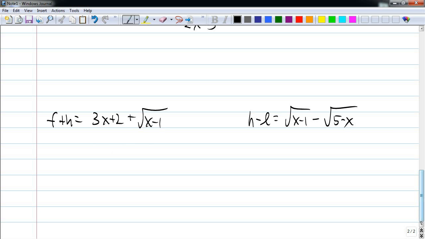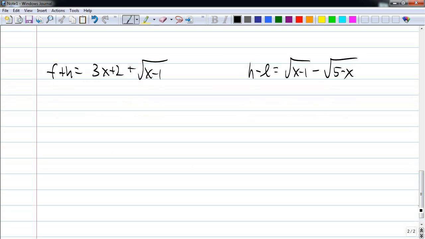Now, I do have a few more options. If I multiply h with L, h times L, it's going to give me the square root of x minus 1 times the square root of 5 minus x. And remember that when you multiply radicals, you can multiply what's under the radical.